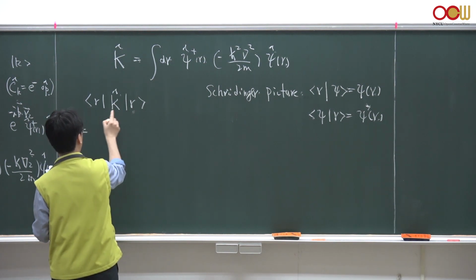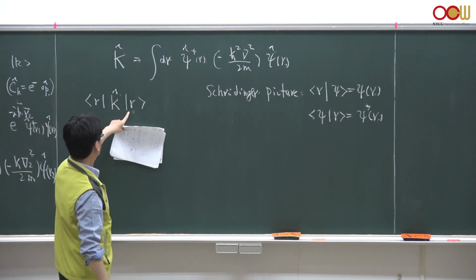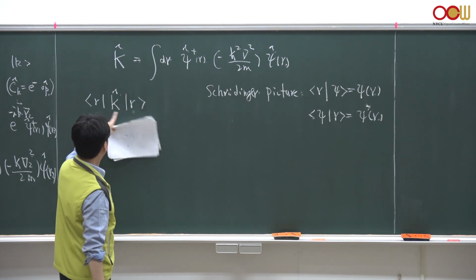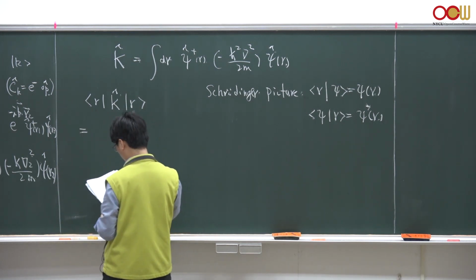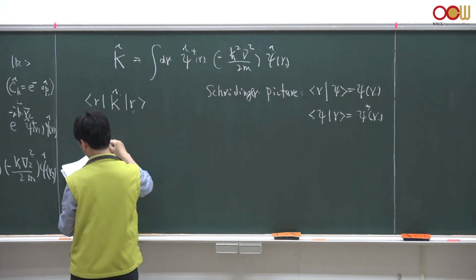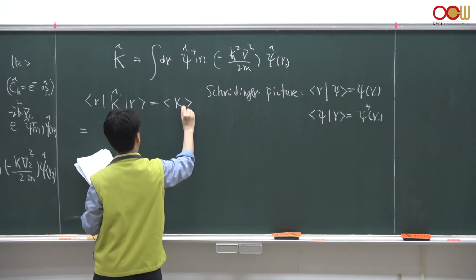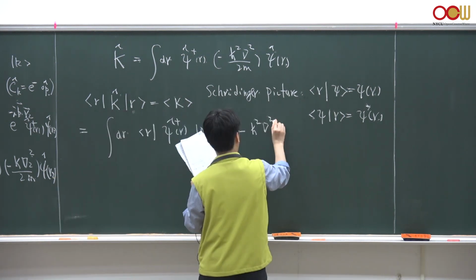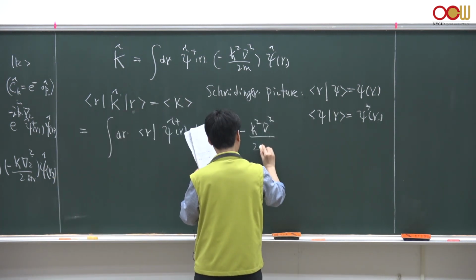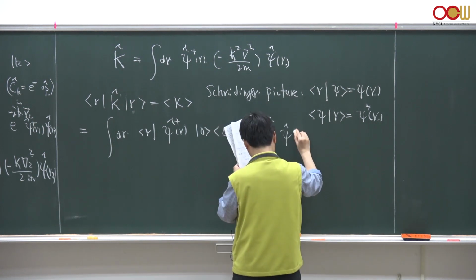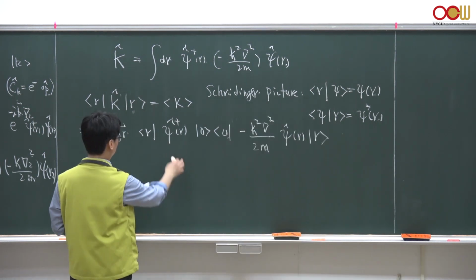So if I project this kinetic energy operator by sandwiching it between these Dirac bra-ket states in, say, the real space eigenbasis, what I get is this integral. So I can insert this identity matrix, the sum of |R><R|, whenever I want. So what is this?